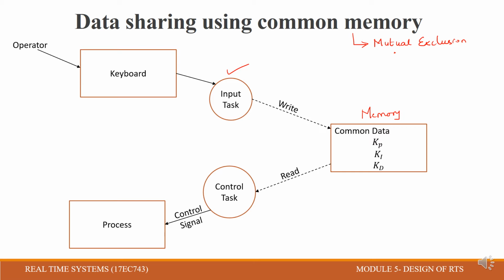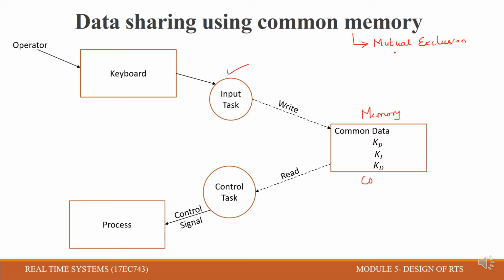But then we need to understand how it is shared using common memory. From the computer, it gets all the values. The values can be KP, KI and KD. These will first be held in an area of memory which has to be declared as common.